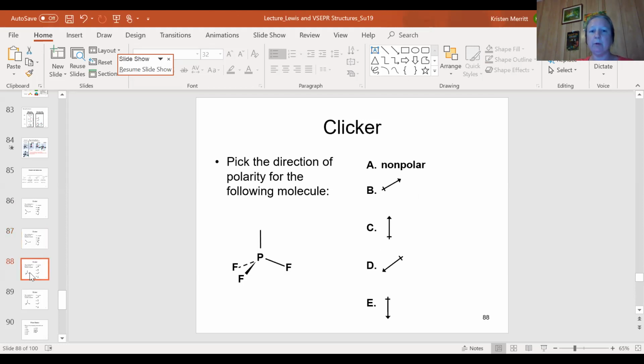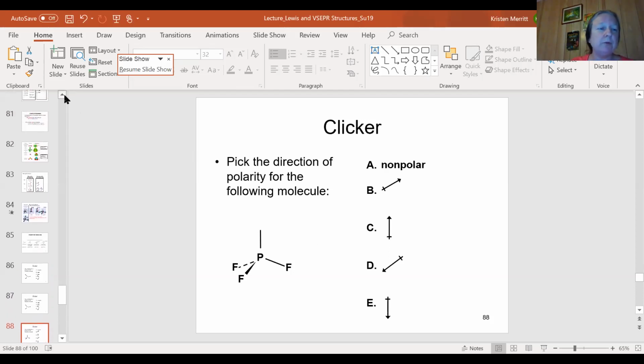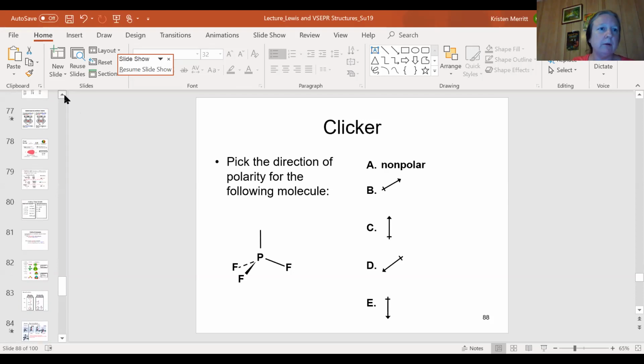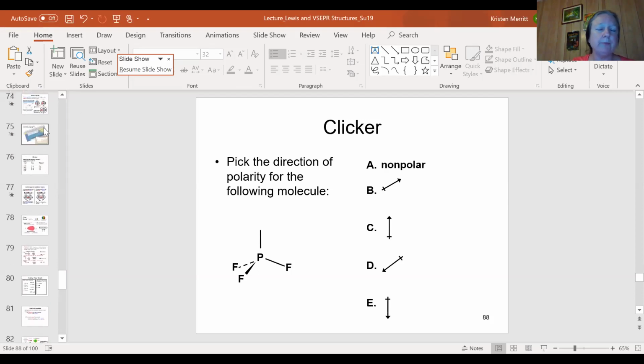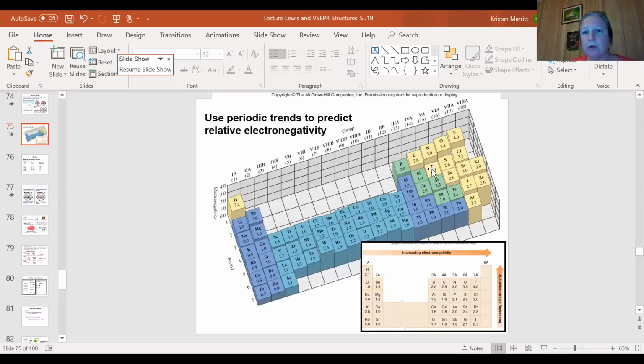What about this one? All right, let's look on the periodic table, or I'll go to the electronegativity table. Phosphorus and fluorine. Here we go. So here's phosphorus and here's fluorine. I told you fluorine is the most electronegative atom.